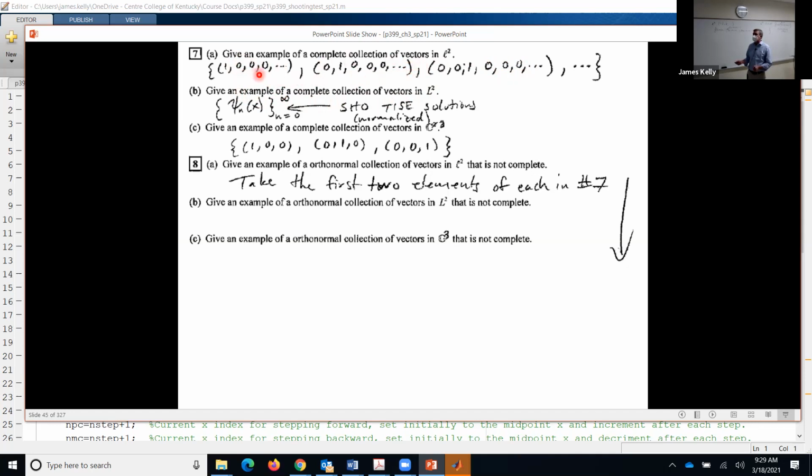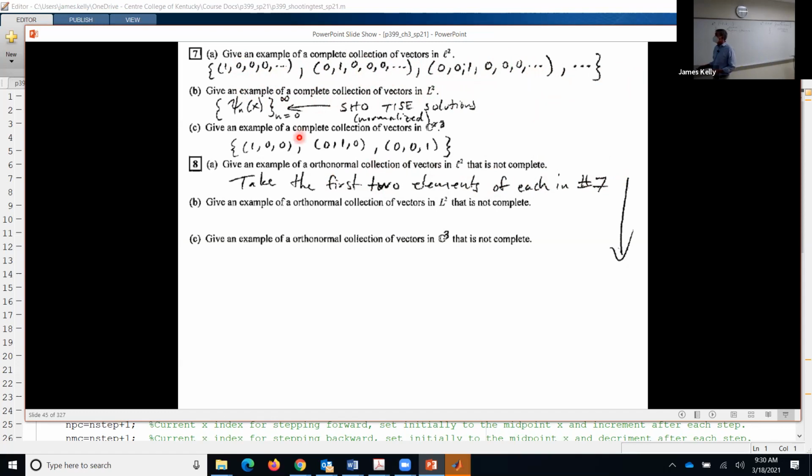If I take the inner product of the first vector with the second vector, I'll get 0. You have to think about the definition of the inner product, but the same is true for any two different elements here. So they're all orthogonal and normalized, and therefore, if I don't want a complete collection, I could just take the first 2 elements or the first 10 elements of this one. And it wouldn't be complete, but they certainly are mutually orthogonal and normalized.